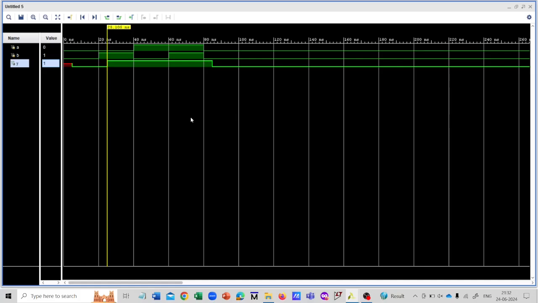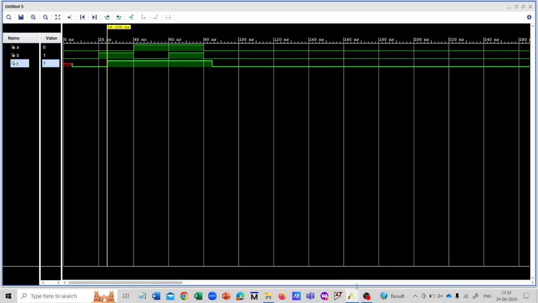Now, since we are simulating the synthesized netlist, the delays of the gates are also incorporated in the simulation. So now you are seeing the simulation of a gate whose propagation delay is around 5 nanoseconds.